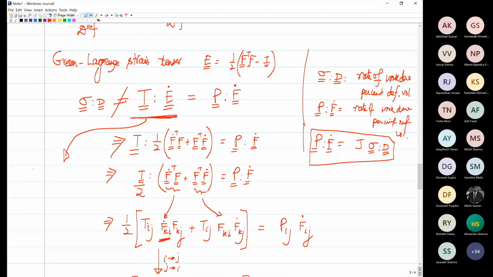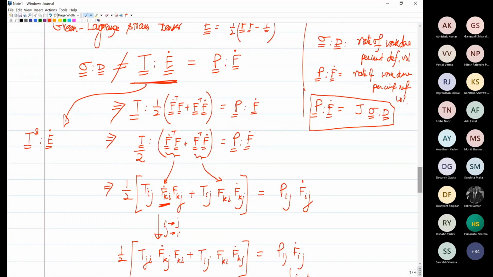So this will be equivalent to saying that you have some T symmetric double contraction E dot, because the antisymmetric part of T, when you double contract with E dot, will give you 0. So as far as work is concerned, you can just work with the symmetric part, a symmetric work conjugate of E. So this means we can assume T to be symmetric.